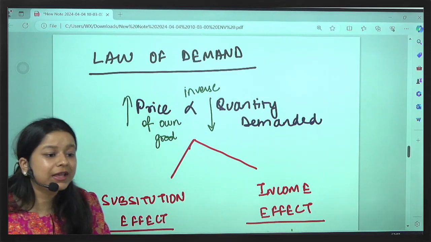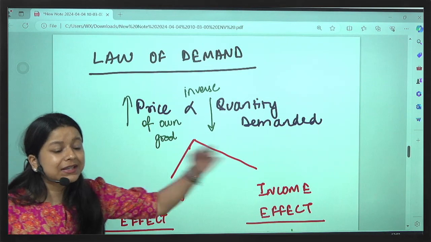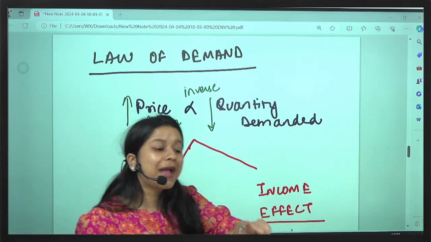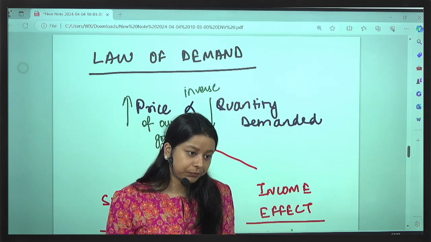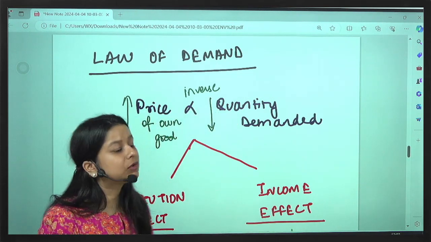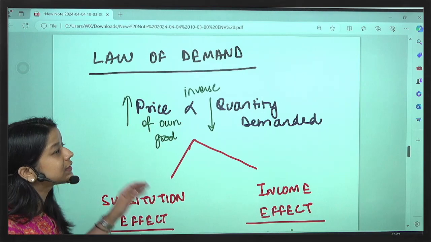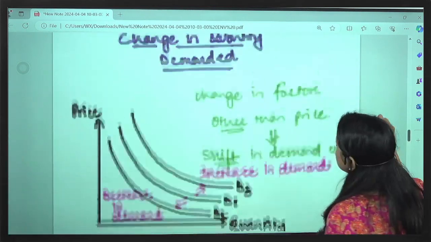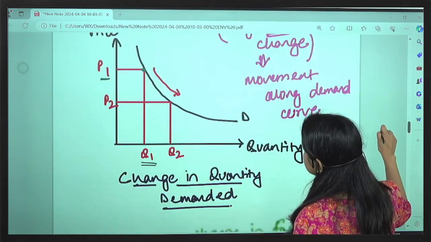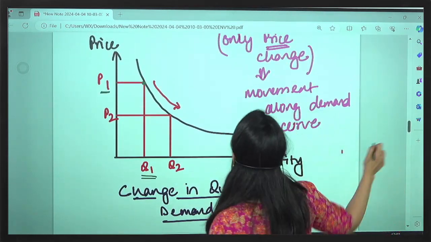Now if the price goes from 500 to 600 rupees per kg, will you be willing to buy that 5 kg? No. Let's suppose I'm just willing to buy 4 kgs now. Okay. So price goes up, quantity demanded goes down. There is an inverse relation, and this inverse relationship can be seen in this graph. So what do we see?